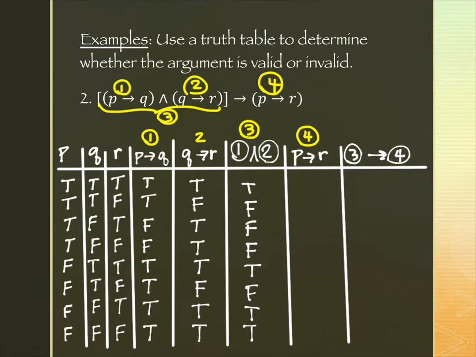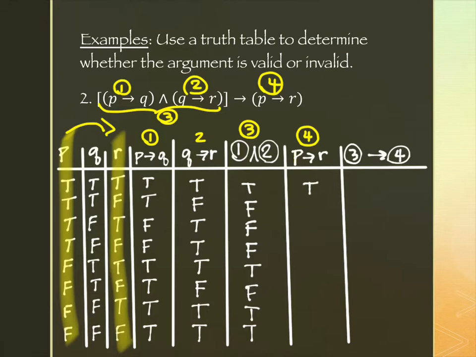Moving right along, now we're going to column 4. It's P implies R. So here's P, and here's R. And again, we're moving from left to right, implication. Okay, not an and statement, now an implication. So row 1 is true implies true.